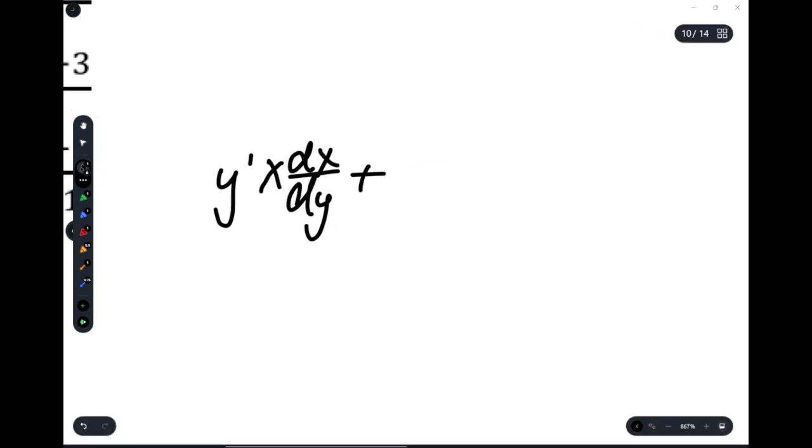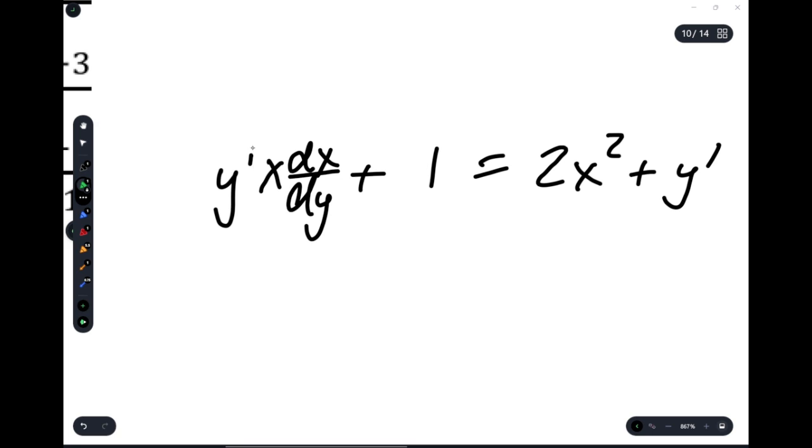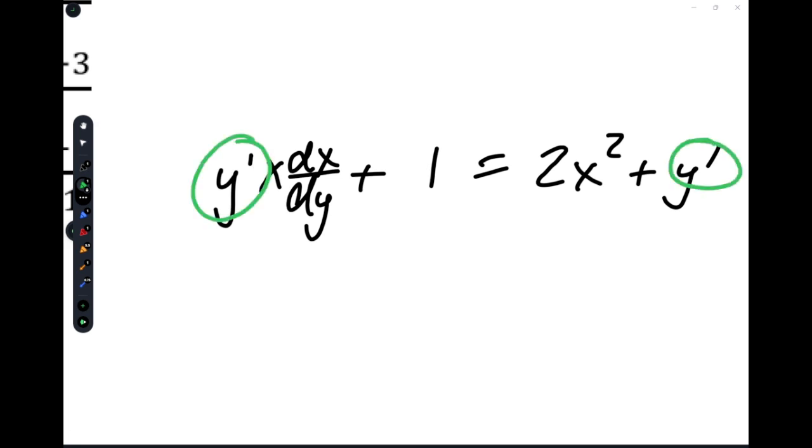It was like this plus 2x squared plus y prime, and his goal was to get this by itself. But that's hard to get by itself when you have 2 of them, right? And these don't combine nice and neat. But he wants 1 y prime, or y1. So this is the concept that we're about to hit.